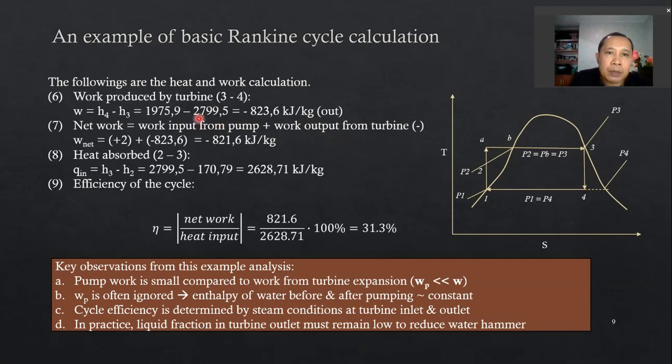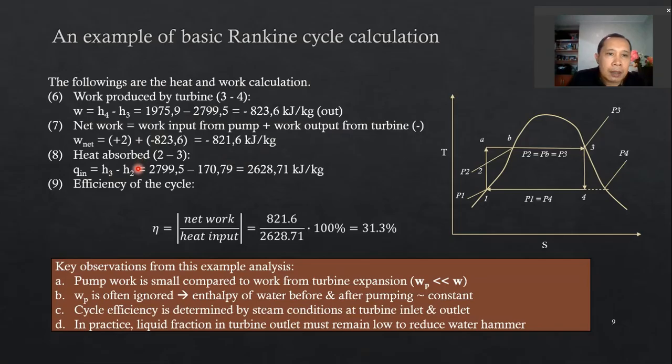The terms input and output are taken with reference to the steam. If the steam or water receives work, its energy will increase. So in the pump, the work has a plus sign, and in the turbine, the work has a minus sign because the steam loses energy as it expands in the turbine. So the net work is minus 821.6 kilojoule per kilogram of steam.